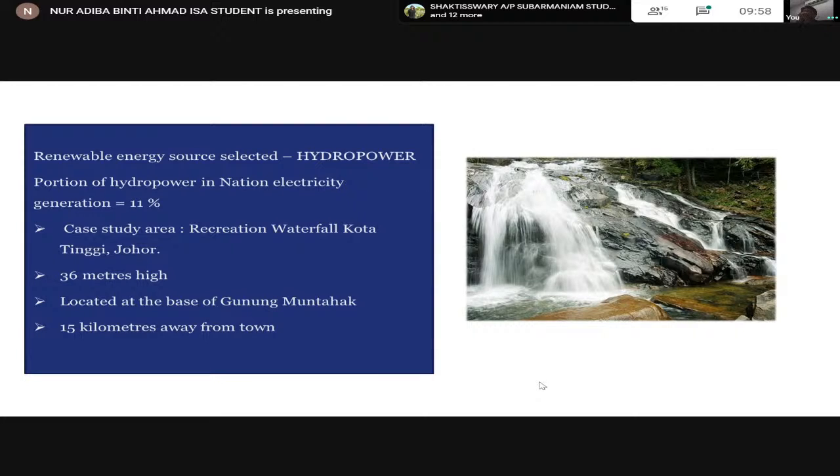In Malaysia, the portion of hydropower used to generate electricity is just 11%, a small value compared to many other countries. The key study area that we selected is a recreation waterfall situated in Johor. The waterfall is 36 meters high, located at the base of Gunung Montaha, and 15 kilometers away from Johor Bahru.